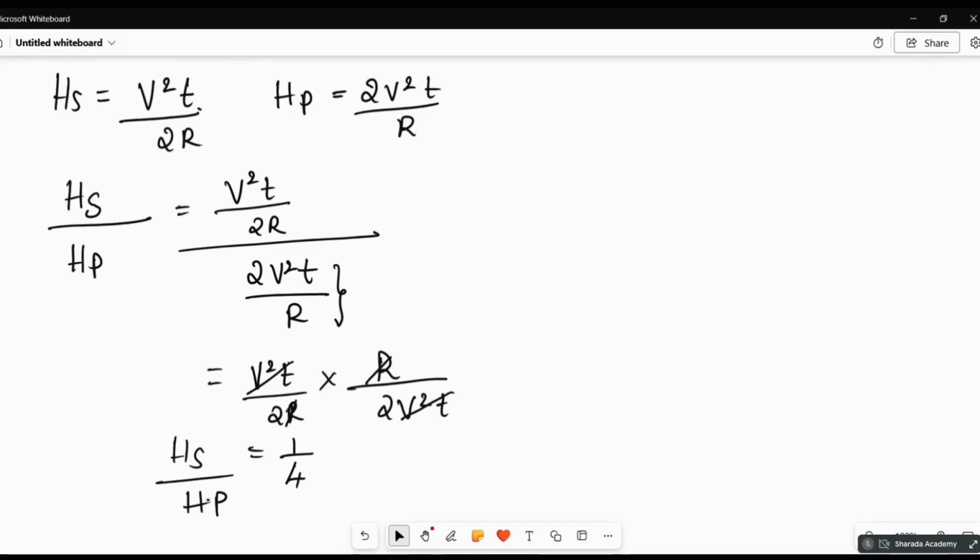Hs by Hp is equal to 1 by 4. That is Hs is to Hp is equal to 1 is to 4.